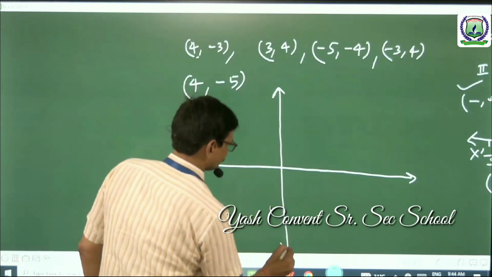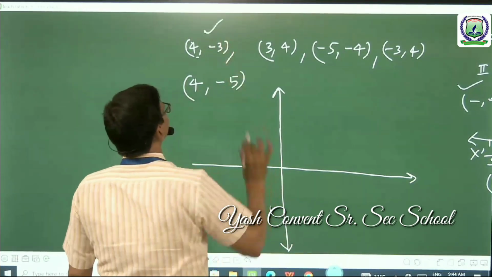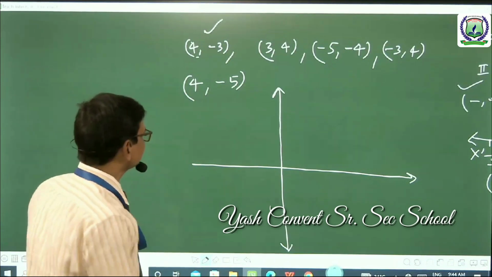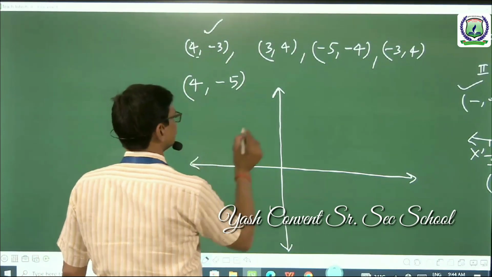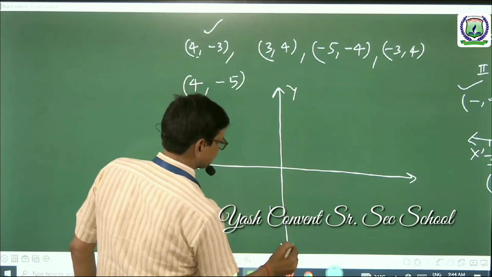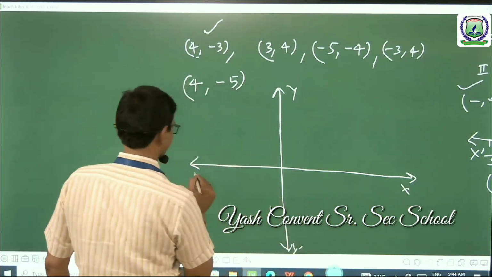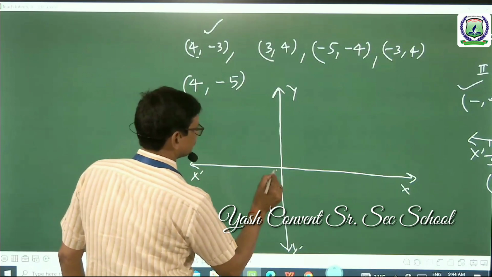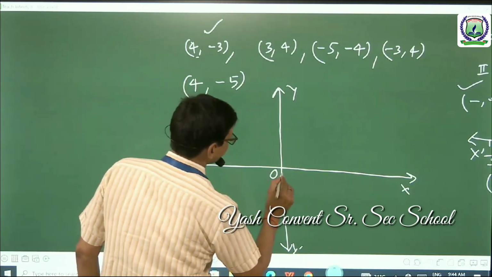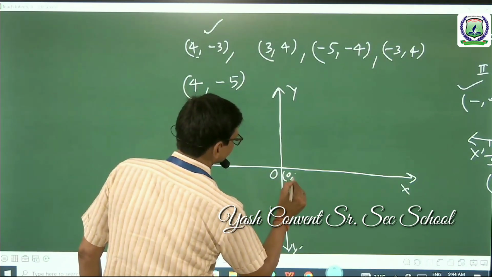Let's take first (4, -3). This is the y dash axis and this is the x dash axis. This is the origin, and the coordinates of the origin are (0, 0).